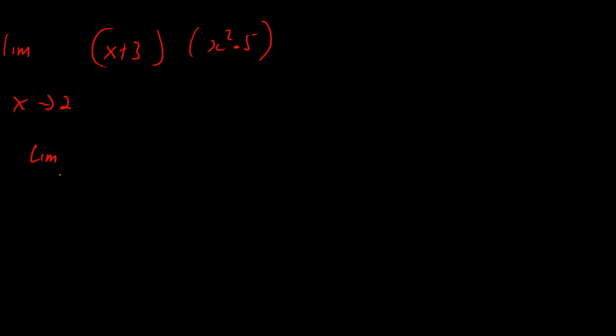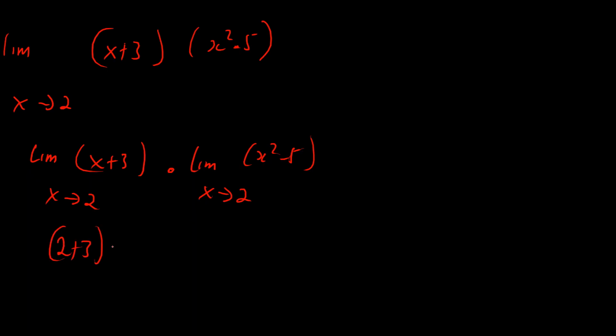We can also write it as the limit of x plus 3 as x approaches 2 times the limit of x squared minus 5 as x approaches 2. This is going to be 2 plus 3 times 4 minus 5. This is going to be 5. 4 minus 5 is negative 1. And the answer is going to be negative 5.